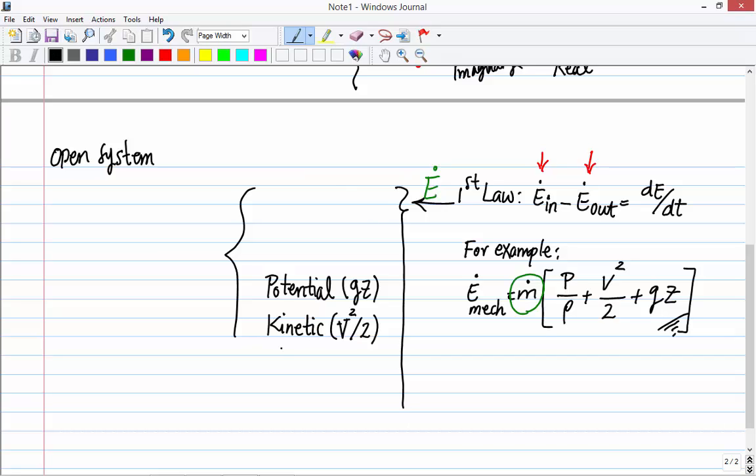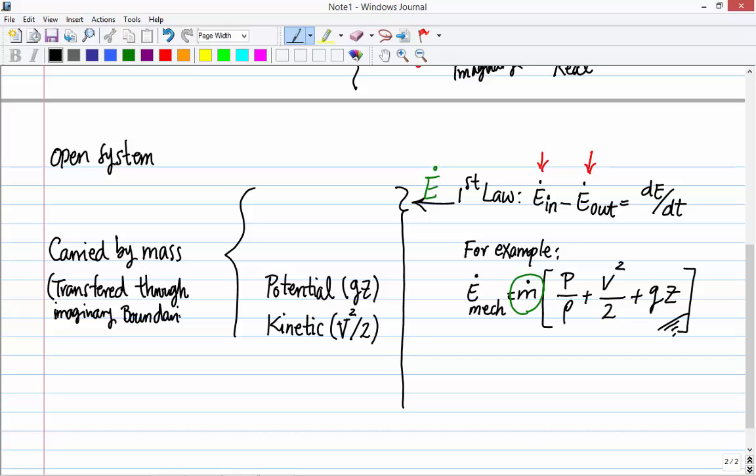This is the first one, which are carried by mass, and they are transferred through imaginary boundaries, which are the inlet and outlet, those dashed lines.